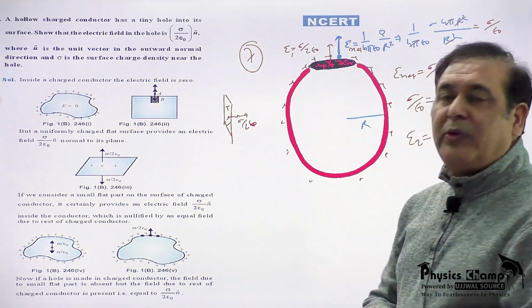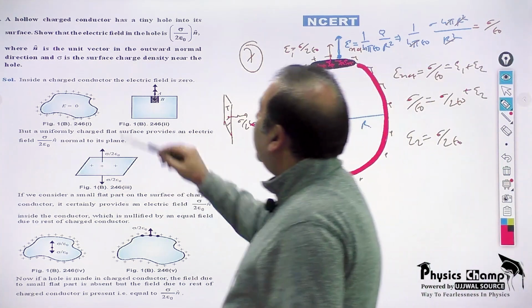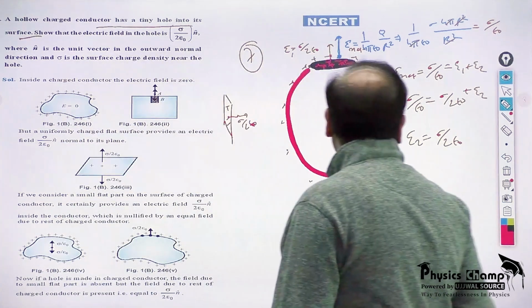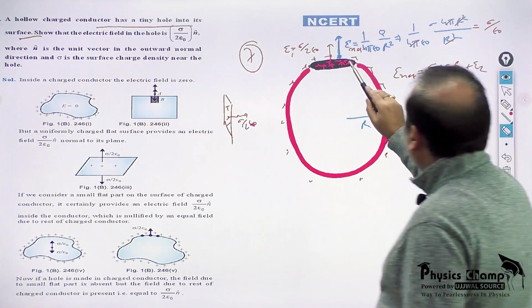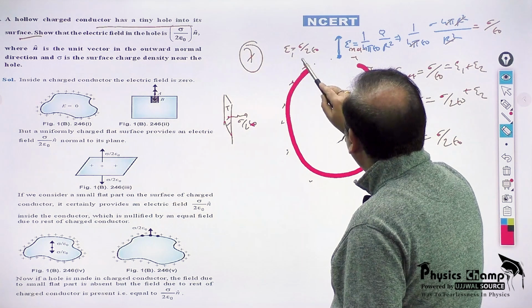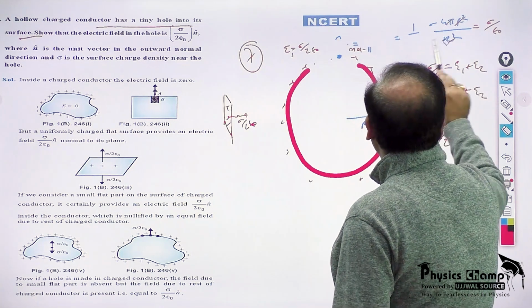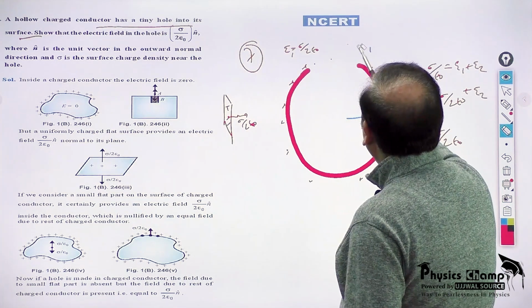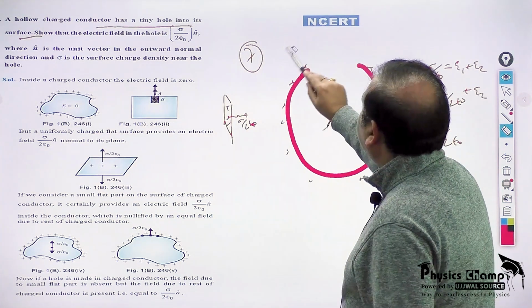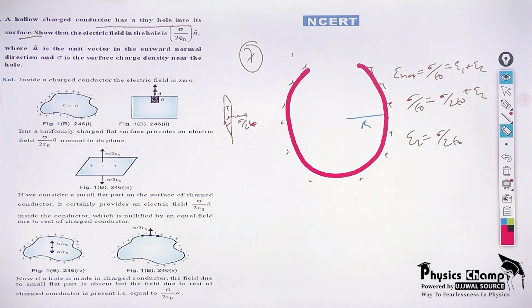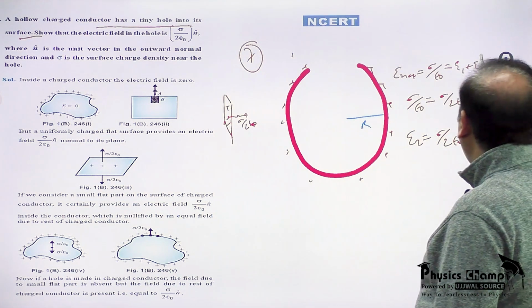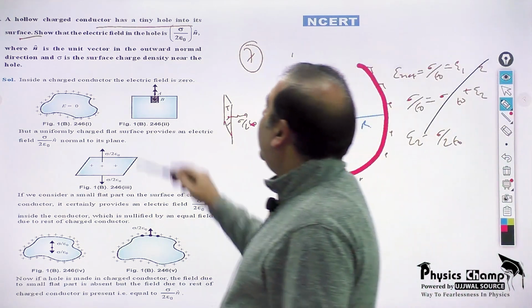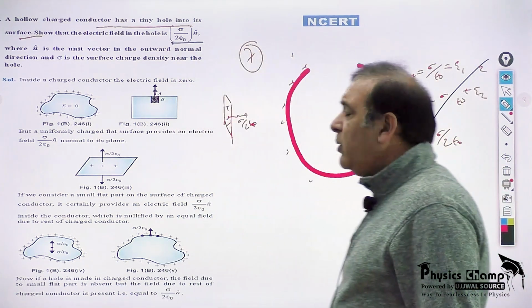Now look at what this question says. A hollow charged conductor has a tiny hole on its surface. So just imagine that in this arrangement, this hole exists. Show that the electric field in the hole is sigma by 2 epsilon naught n unit vector.